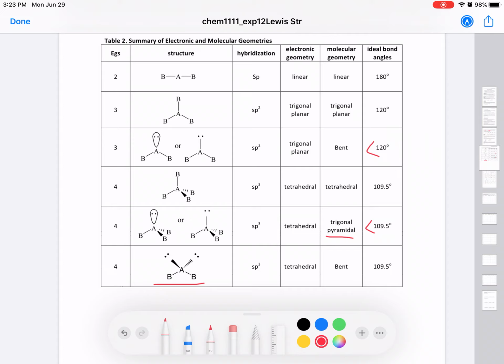So the molecular geometry would be bent, and the ideal bond angle is going to be a little bit less than 109.5. Again, because there are 2 lone pairs, they repel each other. As they repel, the bond angle between BAB will become smaller than 109.5.